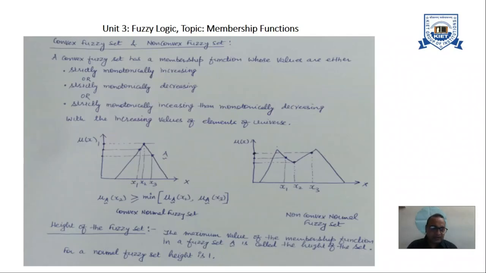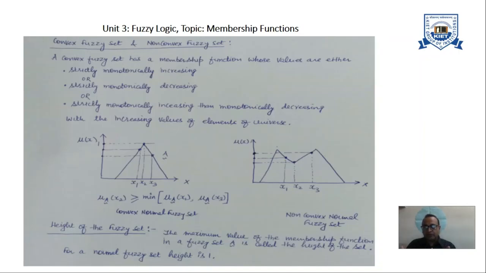So the last topic of this lecture is the height of the fuzzy set. The height represents the maximum membership value which an element achieves in the fuzzy set. Say for example, a lot of elements are there in a fuzzy set. The maximum value which can be achieved by any of the elements, that value is known as the height of the fuzzy set.